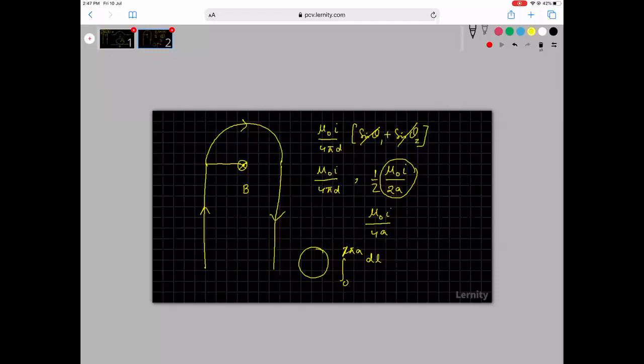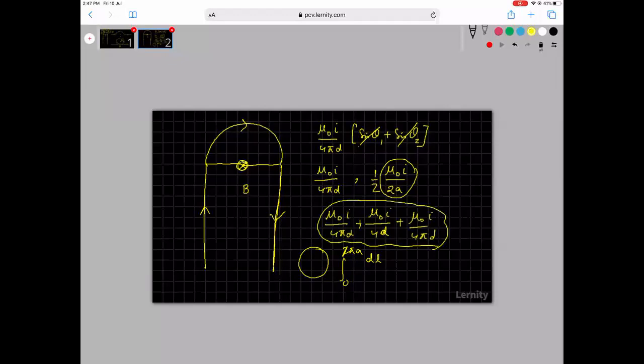Now for this other half wire, same concept. Here it is 0 and here it will be 90. So when you add all of them, it will become mu naught I by 4 pi d plus mu naught I by 4a plus mu naught I by 4 pi d. This will give you the magnetic field at this point.